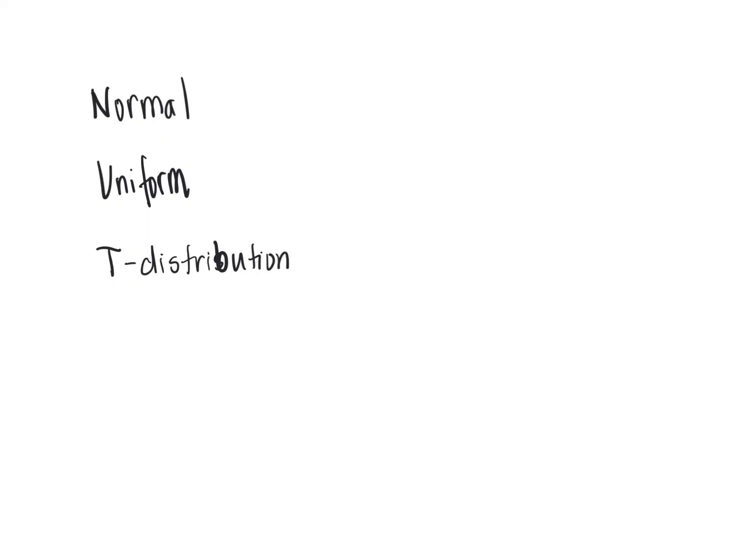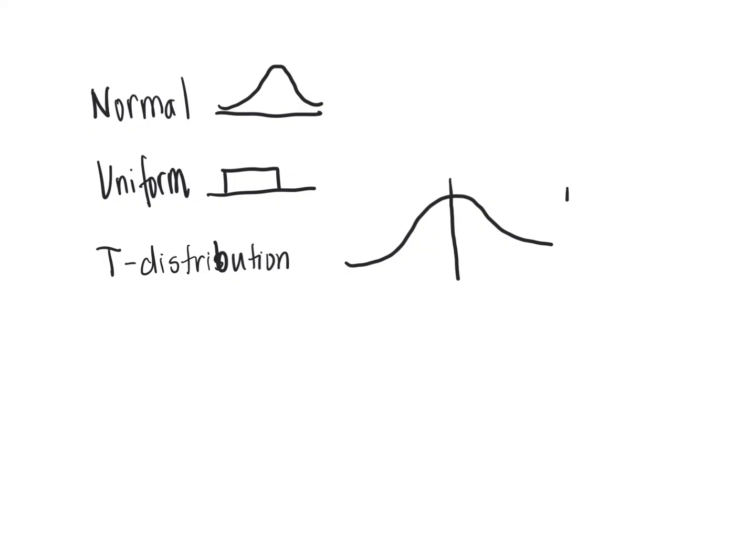The t-distribution looks an awful lot like a normal curve, right? The parameter that you need for t is its degrees of freedom.